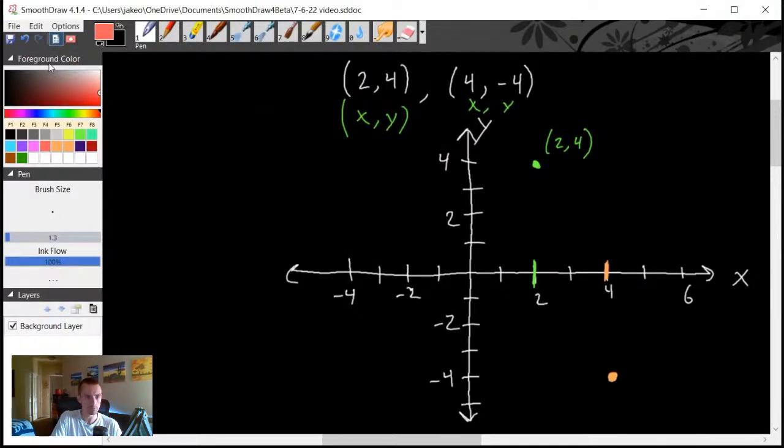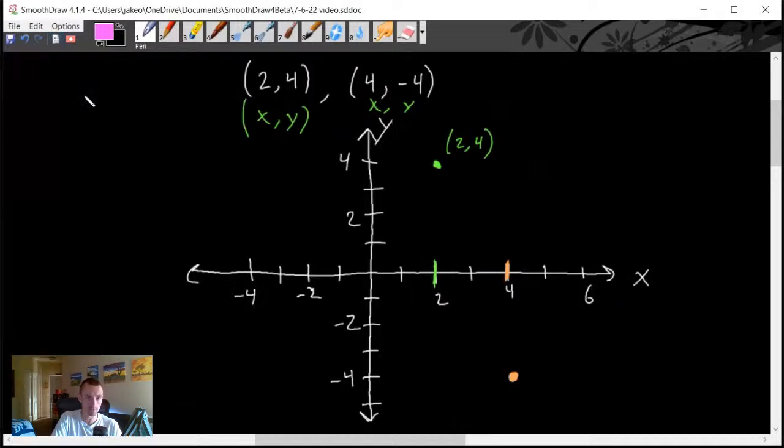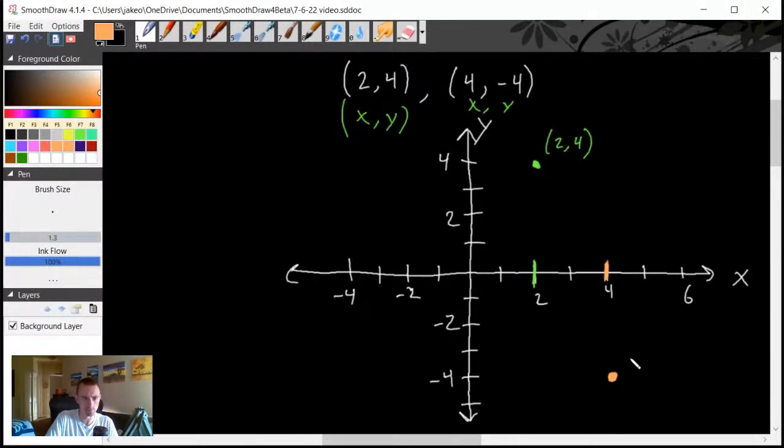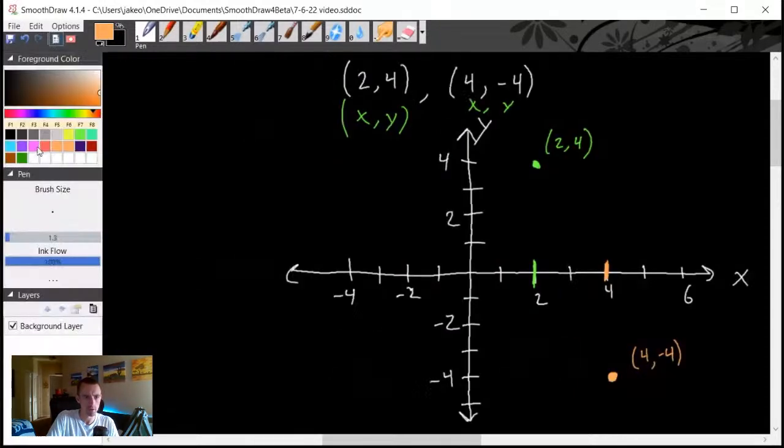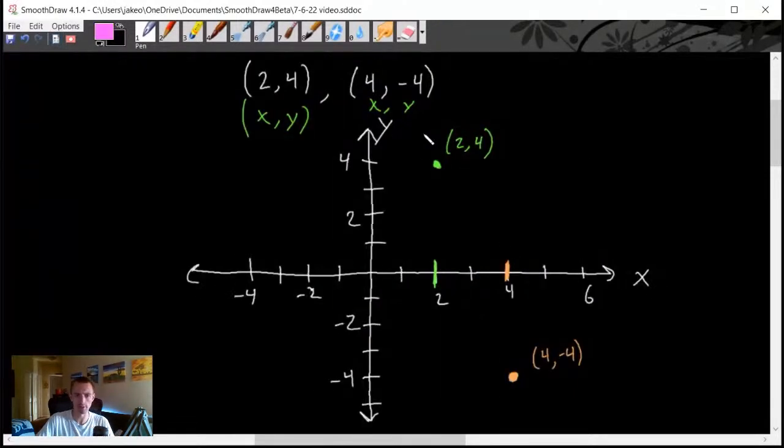So now our line is just going to be a straight line that connects those 2 points. Actually, let me label this one here real quick. Just like that. And then we need a straight line connecting those 2 points. That line might be slightly curved, but the idea is to get a perfectly straight line.